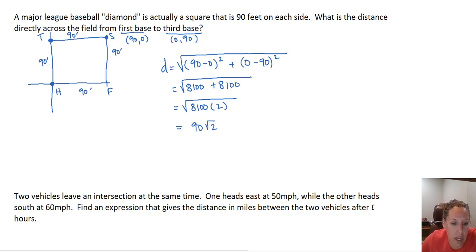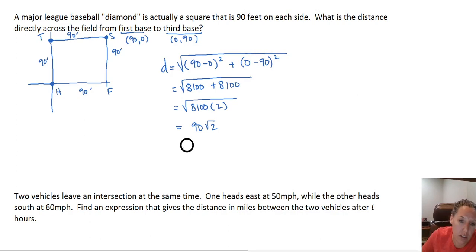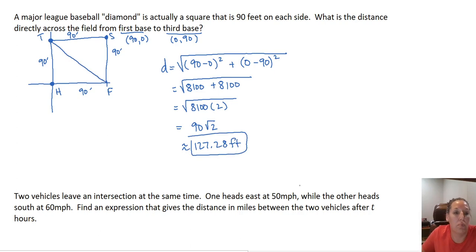Let's go ahead and find the decimal approximation of that. If we plug in 90 times the square root of 2, we get 127.28 feet. That is going to be the distance on that diagonal between first and third base.